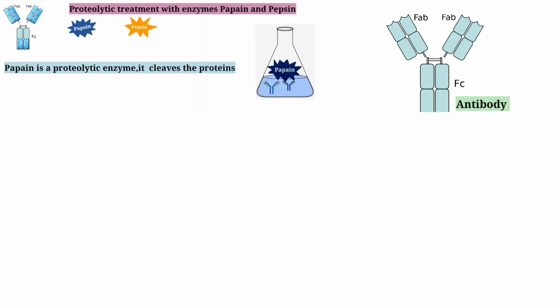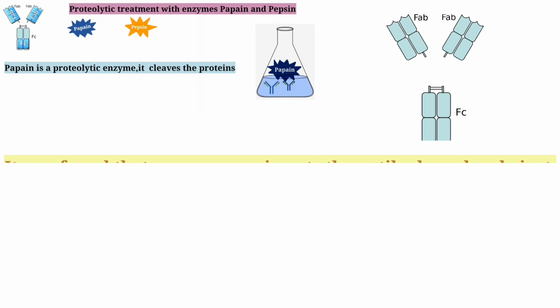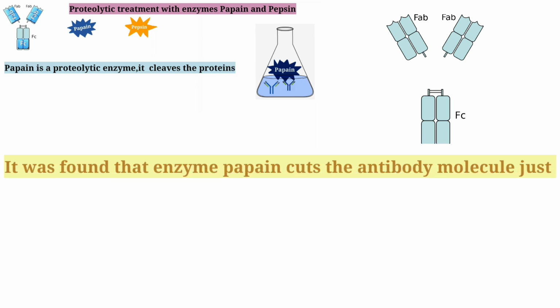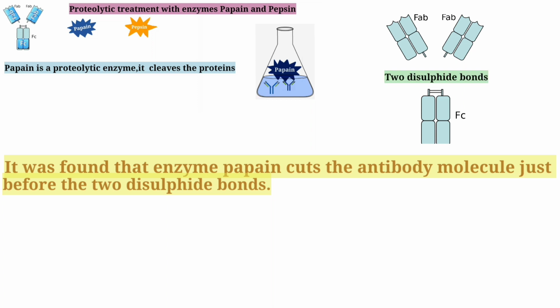When antibody is treated with enzyme papain, the antibody splits into three fragments of about equal size. It was found that enzyme papain cuts the antibody molecule just before the two disulfide bonds at the hinge region, which links the two heavy chains together.